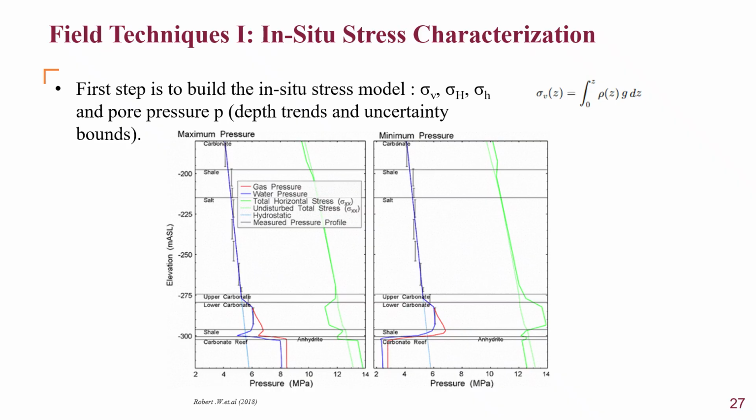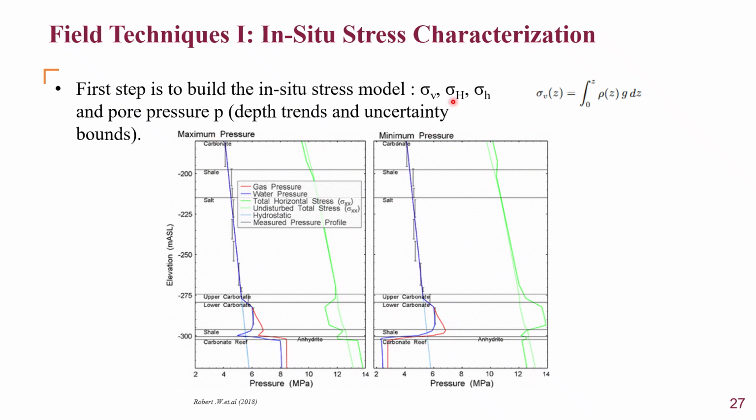The first thing scientists or engineers do is to build an in situ stress model. In this model, what scientists are interested in is the vertical stress, maximum horizontal stress, minimum horizontal stress, and pore pressure trends.